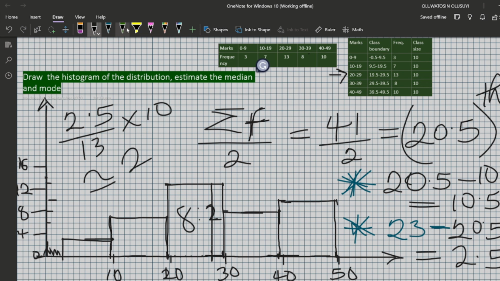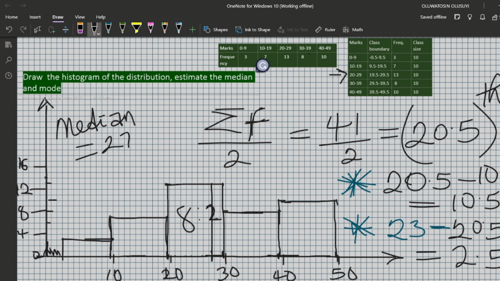Let me write that. Median is equal to 27.5. How do we calculate our mode?